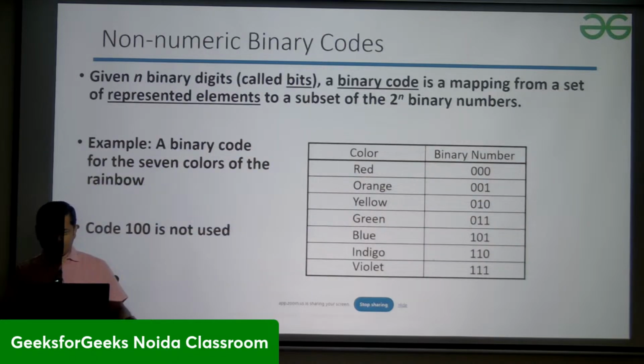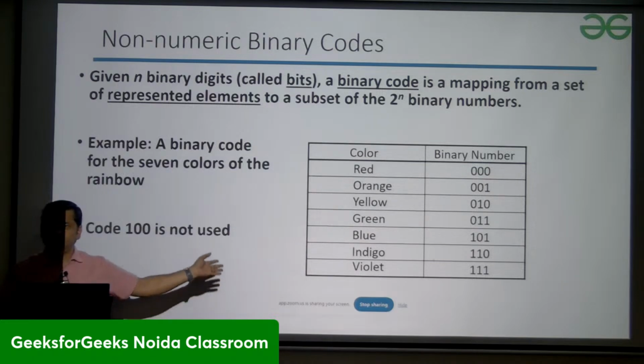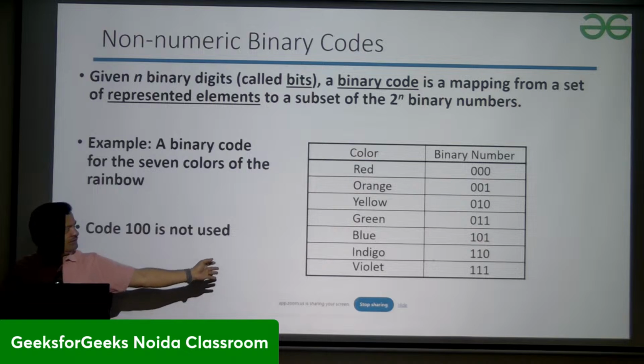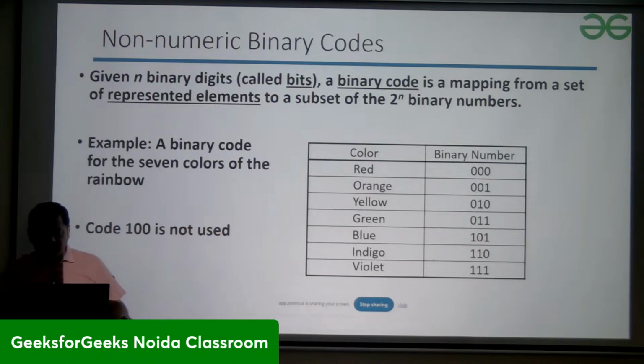This we have already discussed. We have information like colors: red, green, blue, and all vibrant colors. Seven colors can be represented in 3-bit binary. Can we represent it by 2 bits?